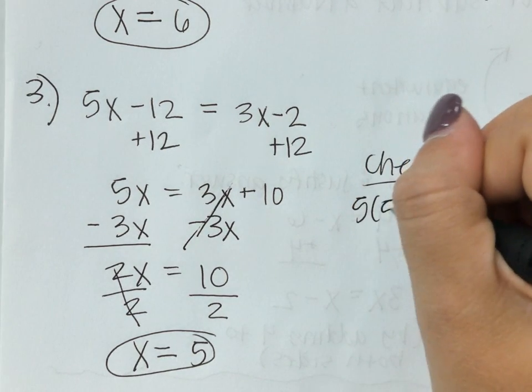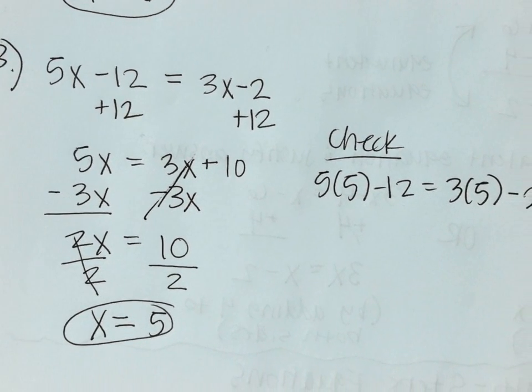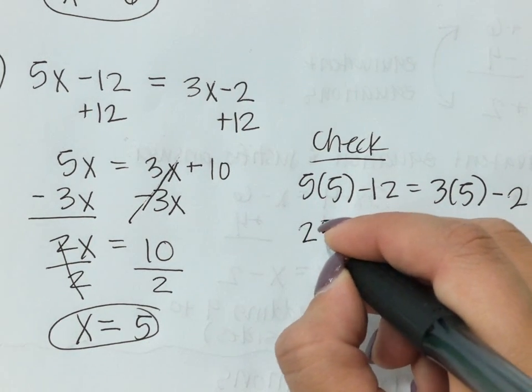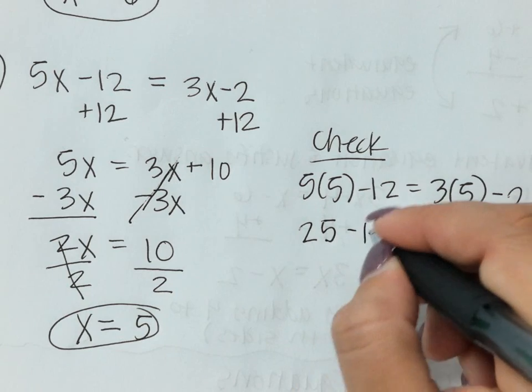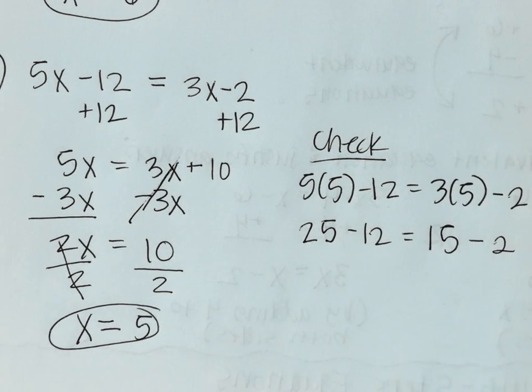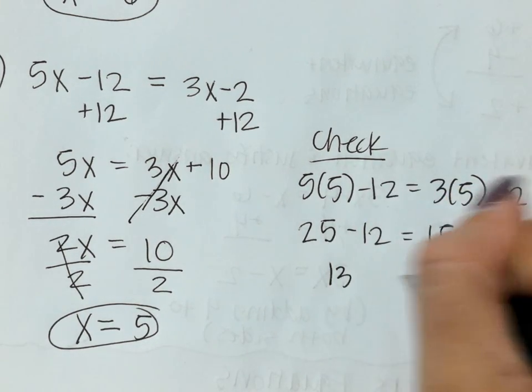If I check it, I have 5 times 5 minus 12 equals 3 times 5 minus 2. So then 5 times 5 gives me what? 25. 3 times 5 is 15. What's 25 minus 12? 13. What's 15 minus 2? 13.